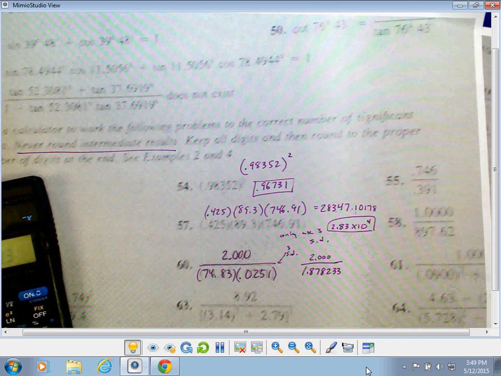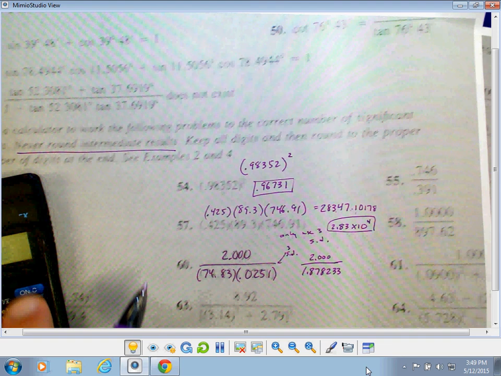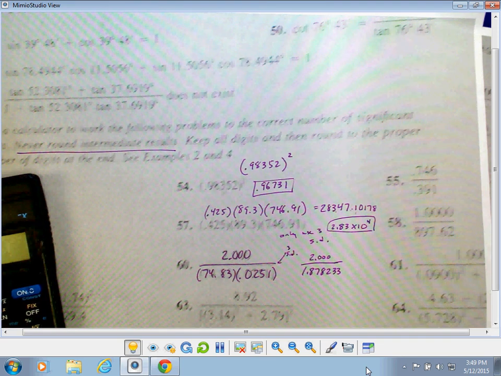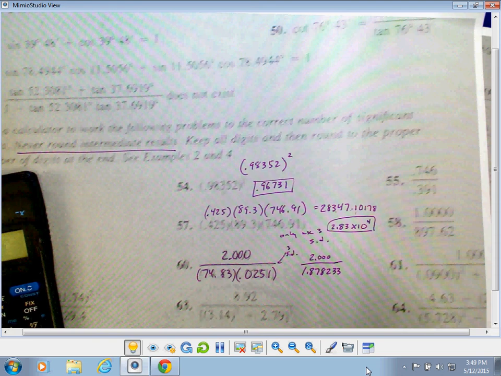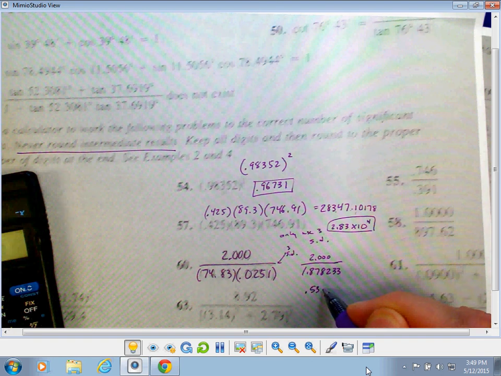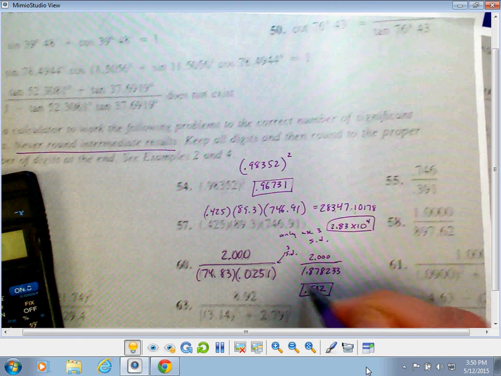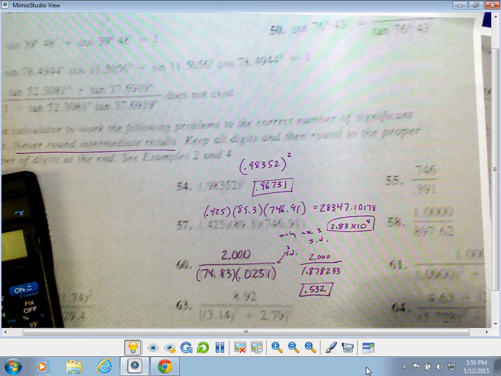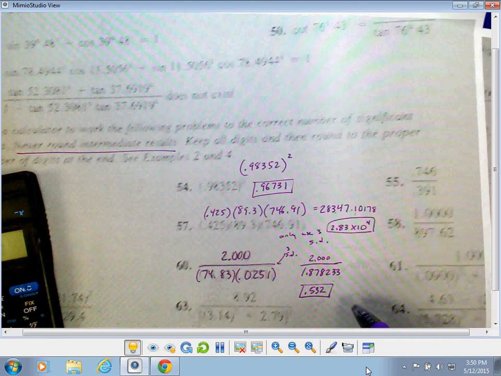I'm going to take 2 divided by that answer, and I get 0.5324415, and so on, but I need to stop at 3 significant digits, so it's 0.532, the next number is a 4, so I would round down. That is your correct answer. Right, so it's always about how many significant digits you have in the beginning, but you don't round anything until the very final answer.